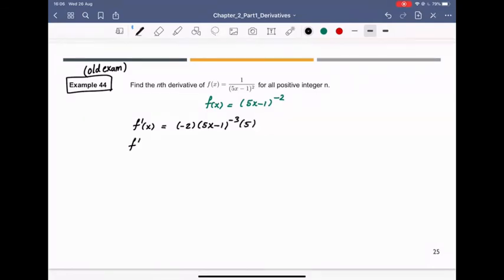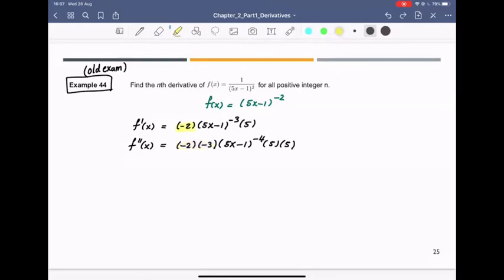Easy now, because f double prime of x is -2 times -3. Yeah, the problem looks similar to the last one. Too easy. 5 and 5, right? Am I going too fast? The -2 is just a constant, I don't touch it.